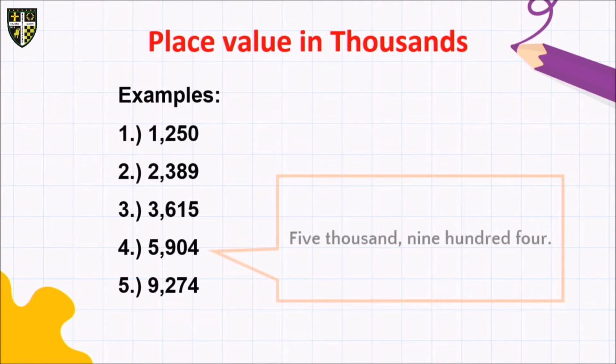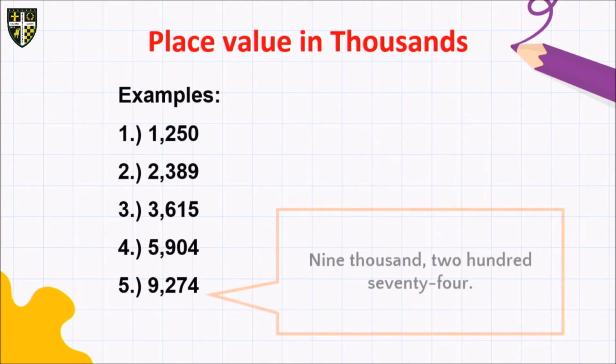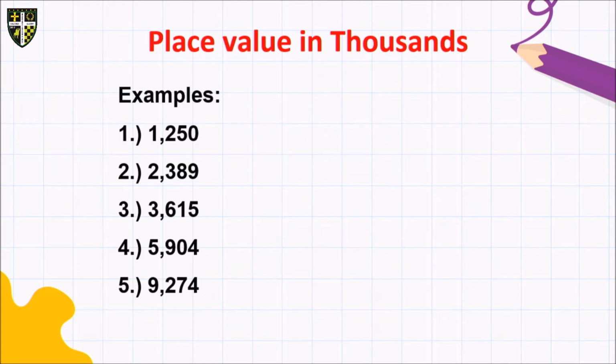And the fourth one is 5,904. After 1,000 comma, for the unit period, we end it with a period. And the last one is 9,274. So we will just write them into words.